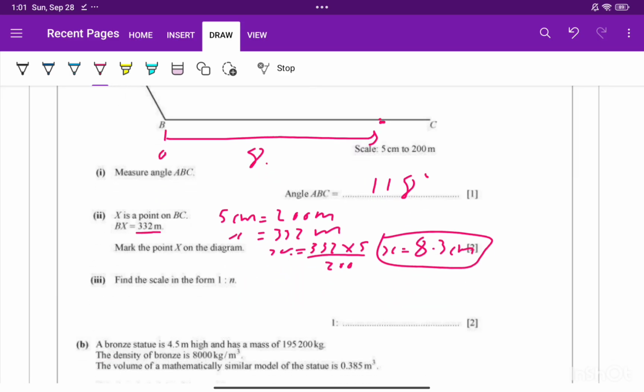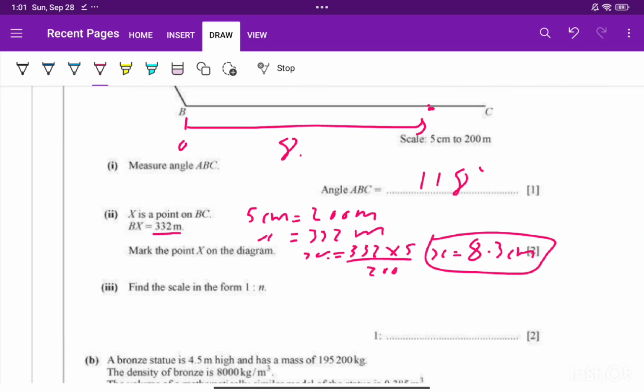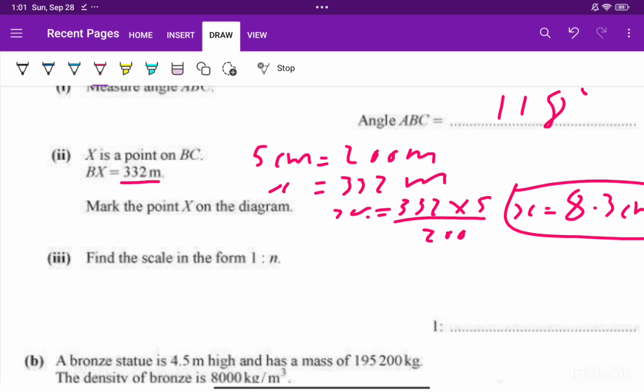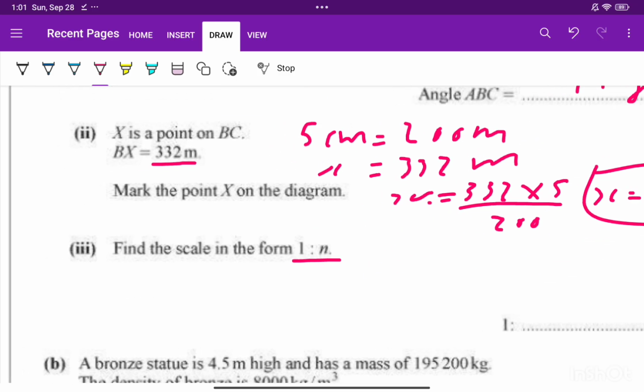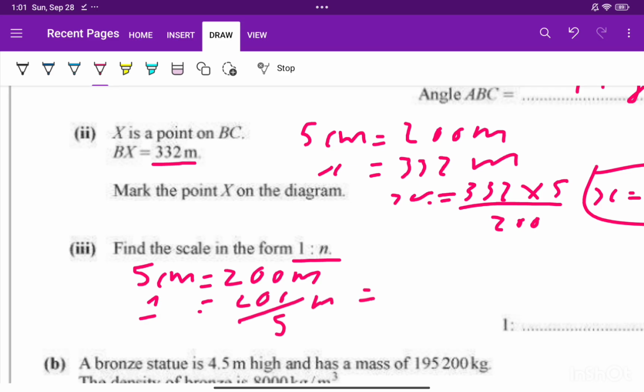Find the scale in the form of 1:n. 5 centimeter was given to us as 200 meter. So 1 centimeter will be equal to 200 upon 5 meters, which will be equal to 40 meters. But we need it in centimeter.